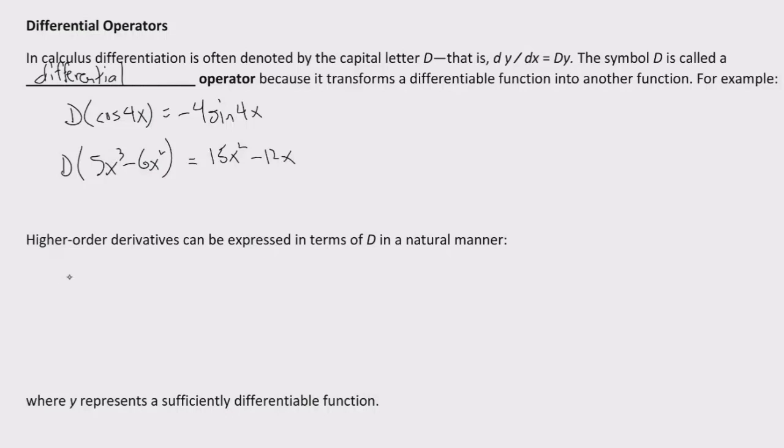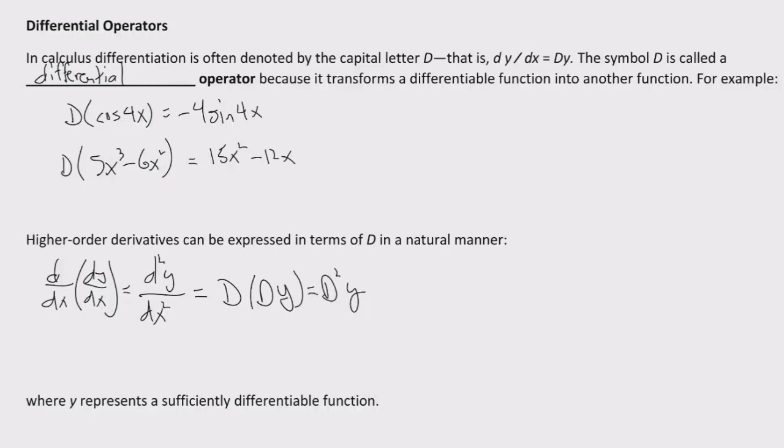What we're used to is maybe something like d dx of dy dx, which would give us d squared y over dx squared. In this new notation, that would be D times Dy, which is D squared y.